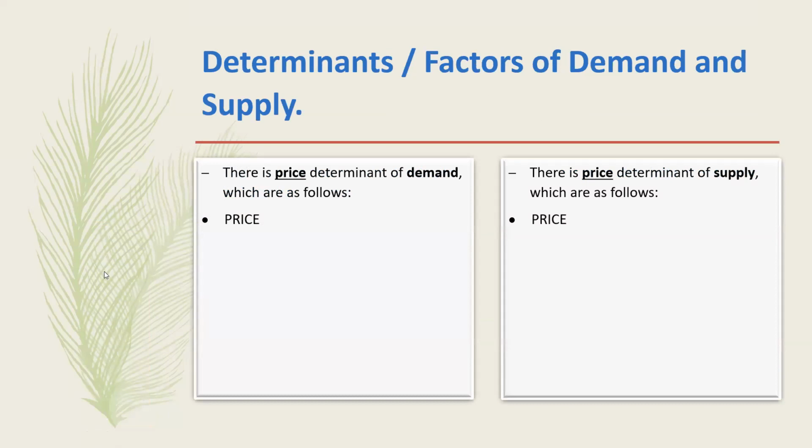There are many other factors affecting demand and supply. But we have one factor here, which we're speaking of right now, price. Price is a factor that will affect demand and supply.